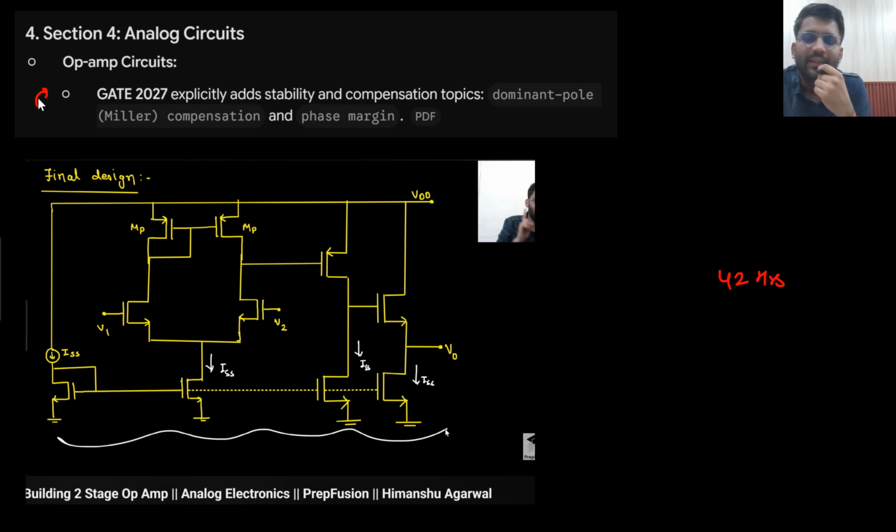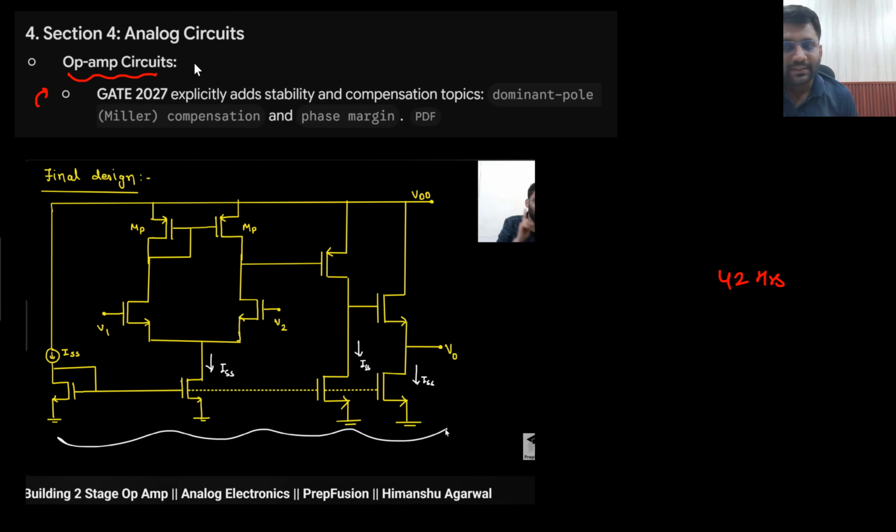Now someone would say that, sir, this particular topic, Miller compensation and phase margin, has been added in the op-amp portion, right? They are not treating it as a separate amplifier or a MOSFET topic. They are adding it in the op-amp portion, no? That means they can ask the phase margin analysis or about the Miller compensation in the op-amp circuitry.